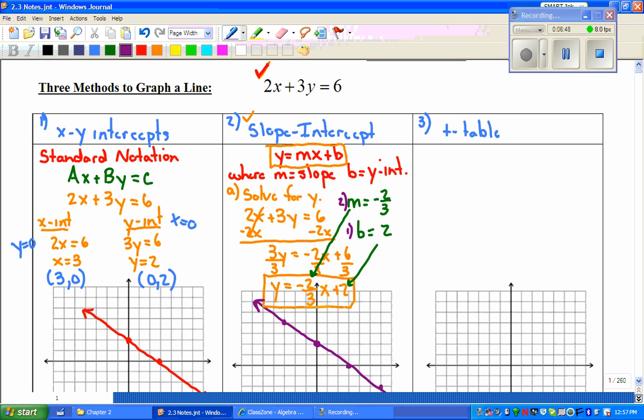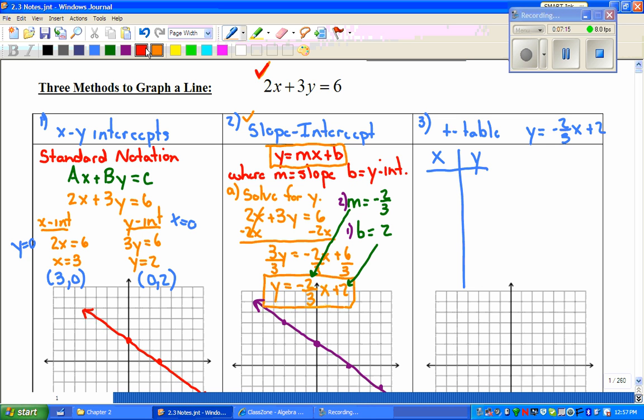T-table. All right. This is probably the longest and most tedious, but it will always work. All right. T-table. X, Y. For this one, if you put it into y equals mx plus b, you'd have y equals negative 2 thirds x plus 2.